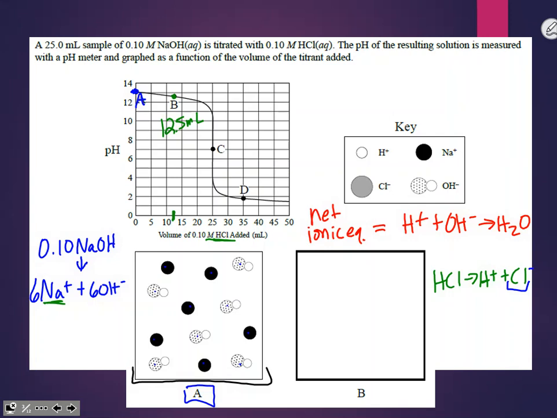So we have now neutralized 3 of the hydroxides. If we're at that halfway point, we should have added 3 here, and there's 6 here. So there should be 3 hydroxides left. I'm going to draw in the hydroxides here. They like the dots. There should be 3 of them in here.